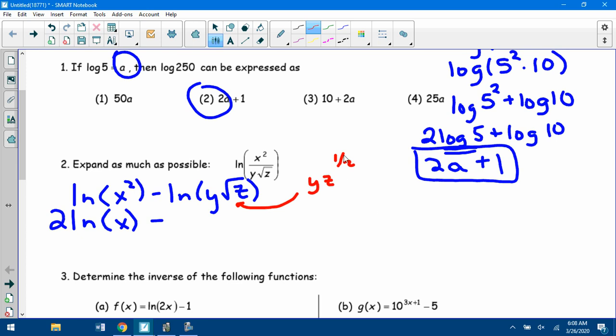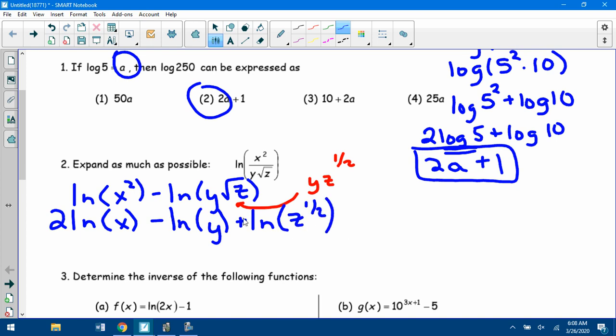But is everything being raised to the 1/2? No, only the z was under the radical. So everything's not being raised to the same power, but everything is being multiplied. So 1 log multiplied, 2 logs added. ln of y plus ln of z to the 1/2.